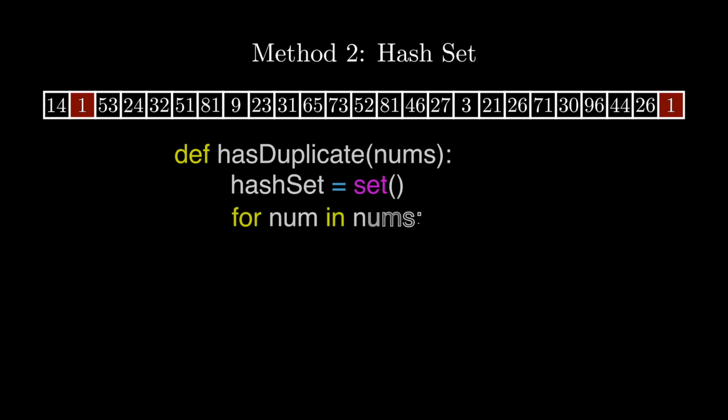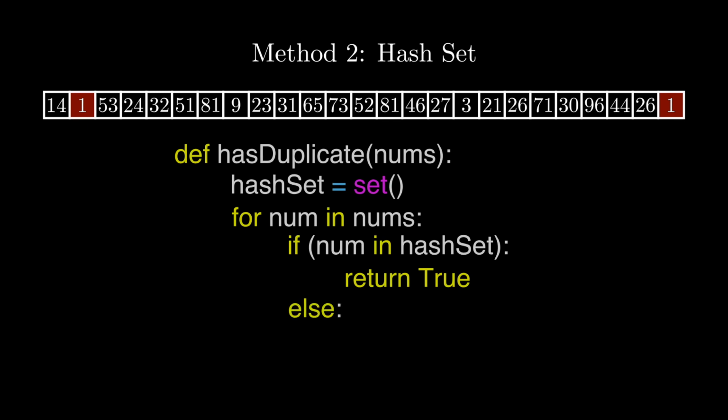Next, we set up the for loop to go through the array. Inside of the for loop, we check to see if the current element called num is already in the hash set. If it is already in the hash set, then we've found a duplicate and we should return true.